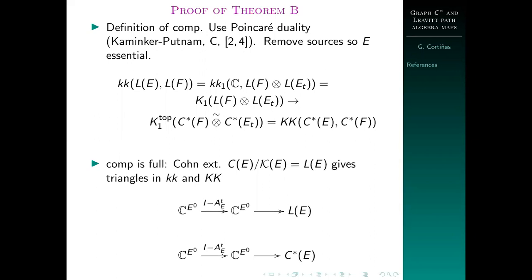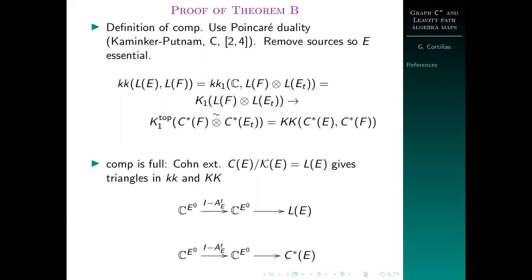And these triangles are, as indicated in the slide, in both cases, the cone algebra and the sum of ultramatricial algebras isomorphic to as many copies of the complex numbers as there are vertices in E. And the map connecting them is exactly 1 minus A TE.